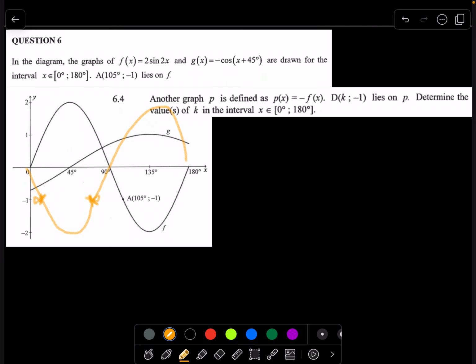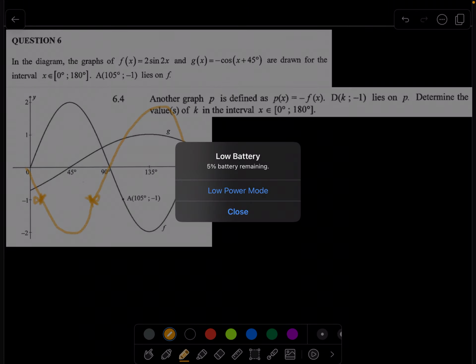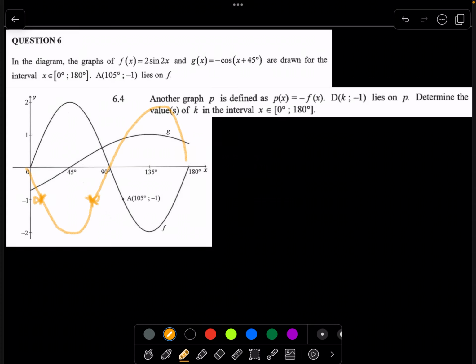Determine the values of k in the interval x. Oh, battery, hang in there. The values of k in the interval x from 0 to 180, really. Right, and again, I feel like this is a situation where we can leverage the fact that we know this guy. I don't know.